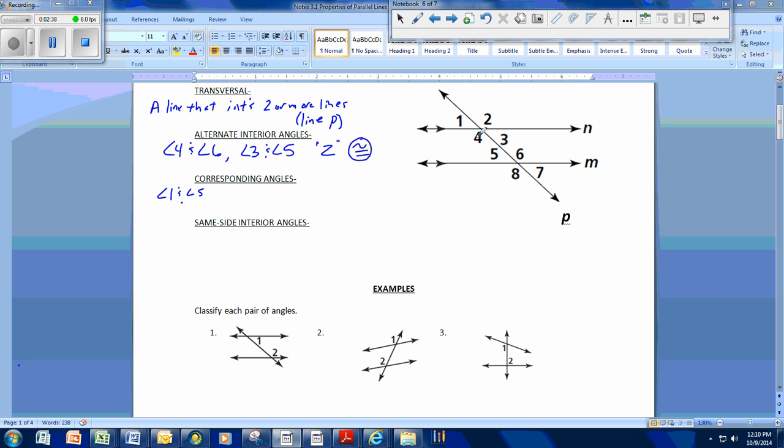Same thing with angle 4 and angle 8, and angle 2 and angle 6, and same thing with angle 3 and angle 7. Those are all corresponding angles.